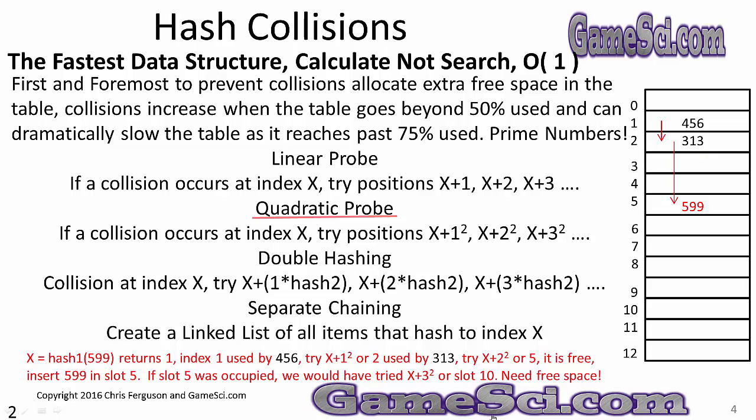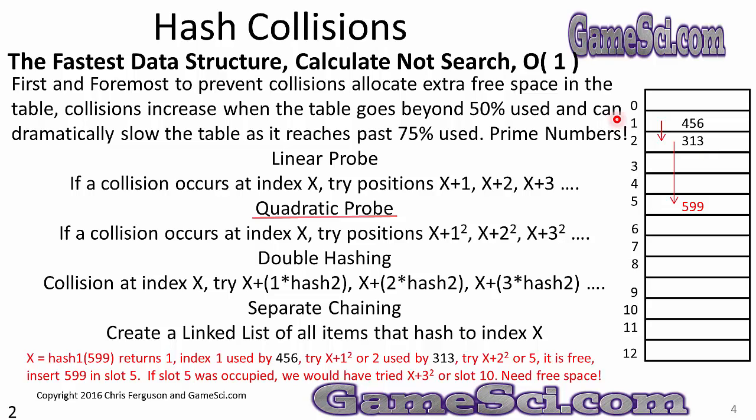Linear probing tends to cluster or bunch things up, so an alternative is called a quadratic probe. Let's say x equals hash 1 of 599 returns a 1. Insert 599 into position 1 of the array, and index 1 here is occupied. It's used by 456.